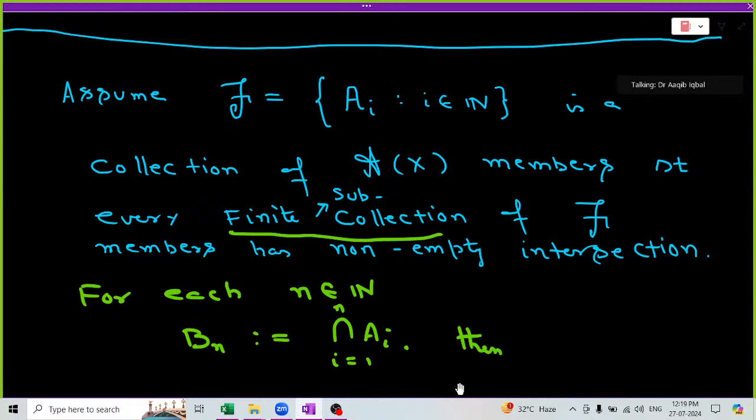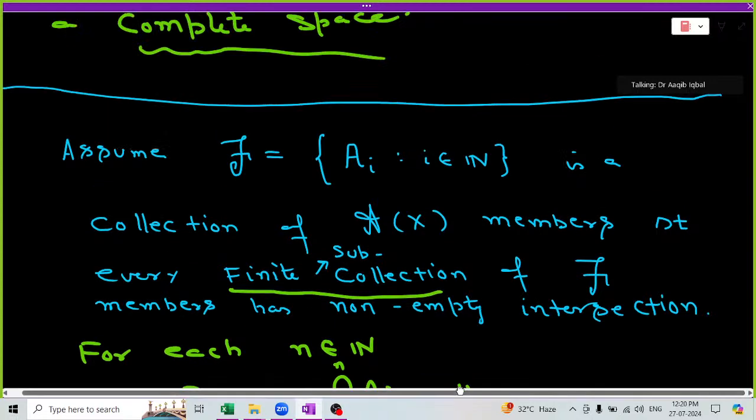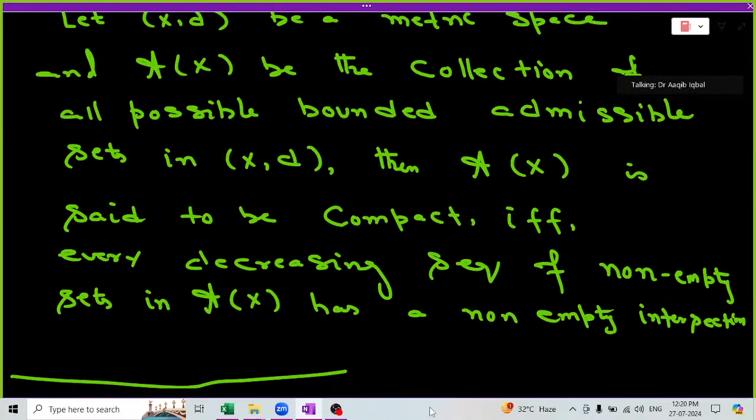And this thing sounds like FIP. In fact, वो compactness की जो FIP characterization है, ये कुछ ऐसा ही लगता है फिर. And it is because of this reason that this property is called compactness.